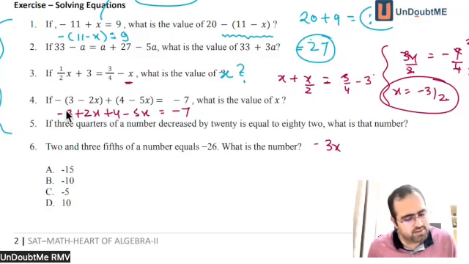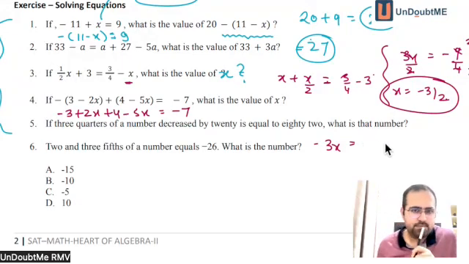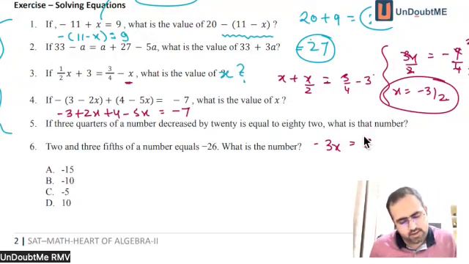Minus 3 plus 4 is 1. 1 goes on the other side, so it will be minus 8. I had forgotten about the 1, so it will be minus 8. x will be 8 over 3.